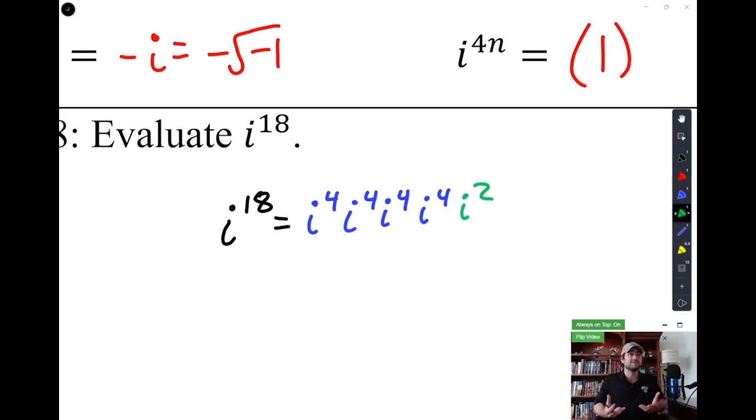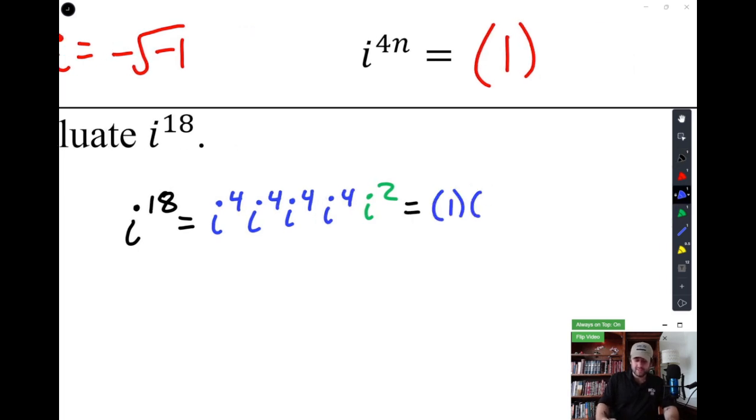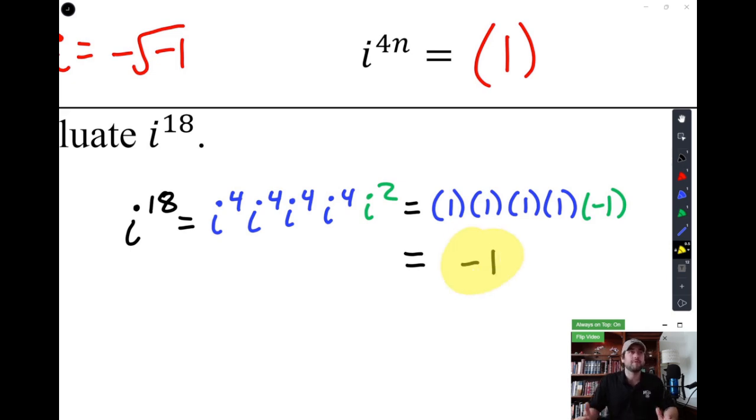And add those exponents to make sure I did my math right. 4 plus 4 plus 4 plus 4 is 16, plus 2 is 18. And so this, if we keep the colors consistent, is 1 times 1 times 1 times 1 times whatever i squared was from the beginning of the day, which was -1. And so our full answer is just -1. i to the 18th power is -1, just like i squared is -1.